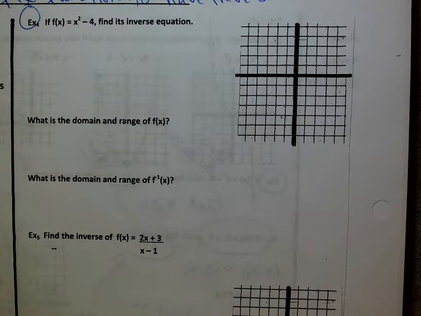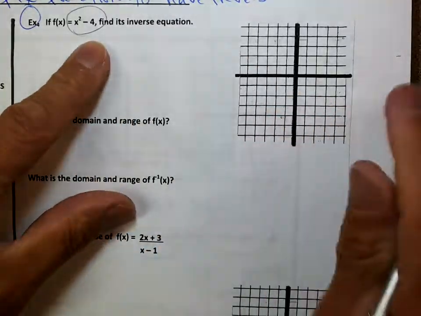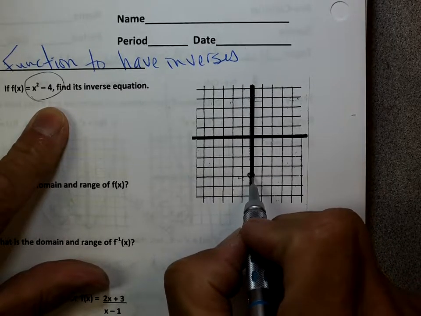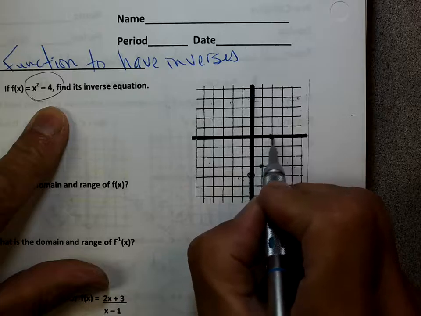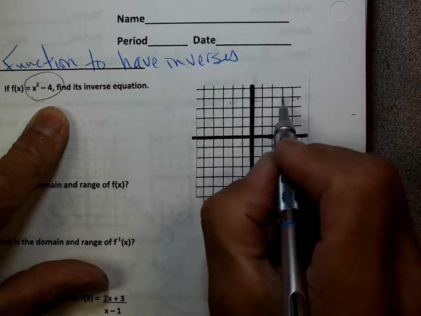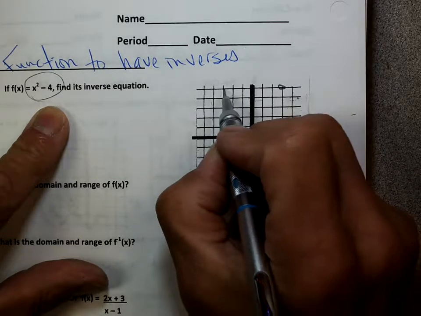First of all, if I graph x squared minus 4, we just did this, right? I'm going to start at negative 4, and go over 1, up 1, over 2, up 3, and so on. Same thing on the other side because it's a parabola.